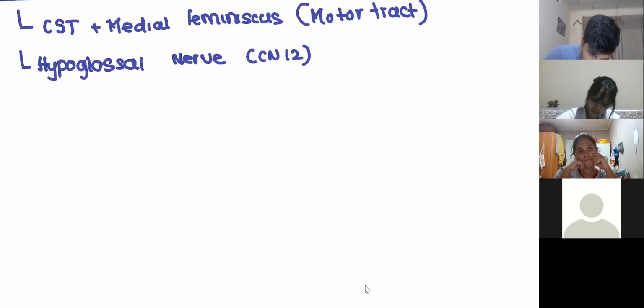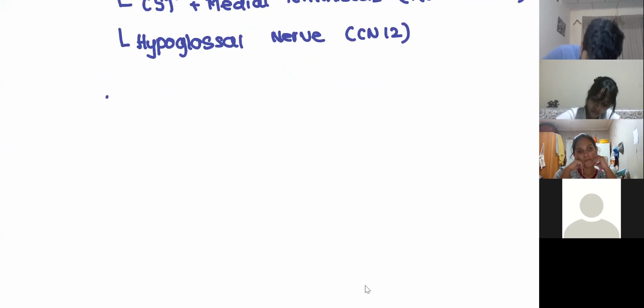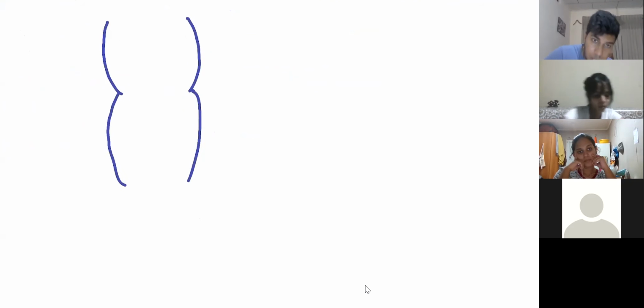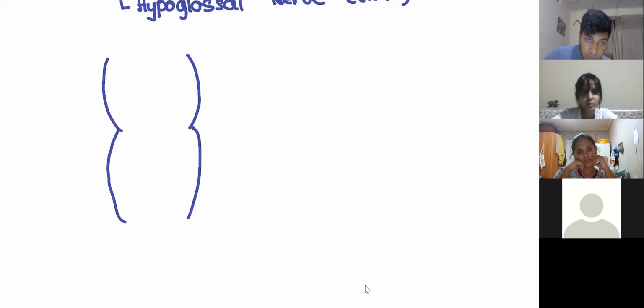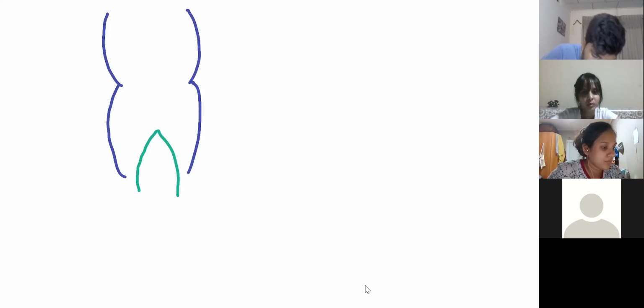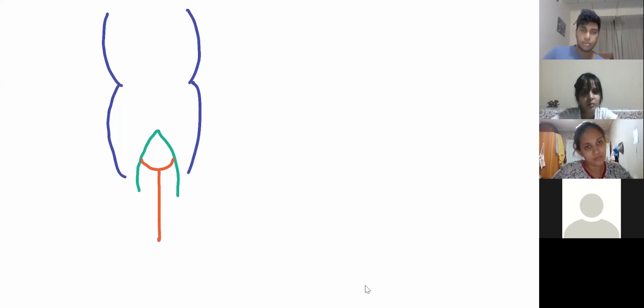So let me draw a simple diagram, nothing complicated. Spinal arteries, I didn't talk about that much. Our vertebral arteries give rise to the spinal arteries.